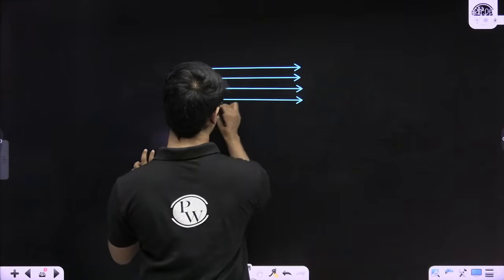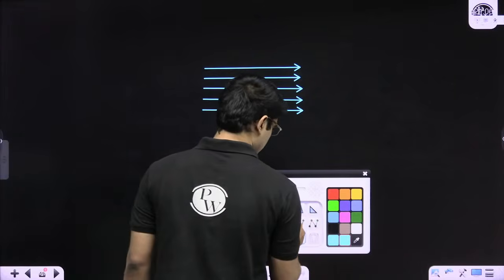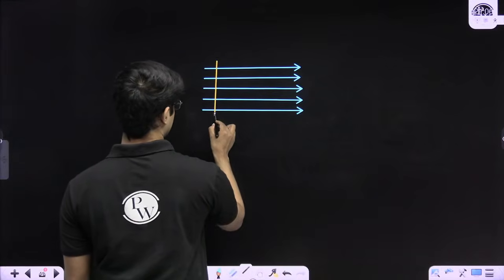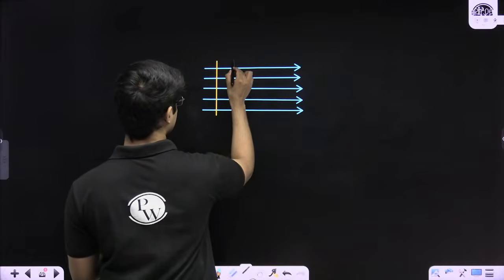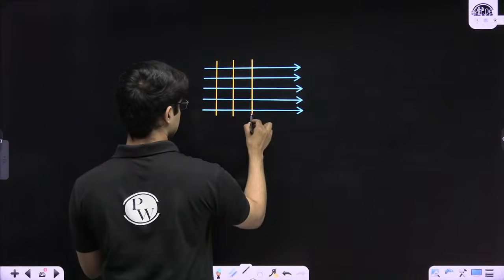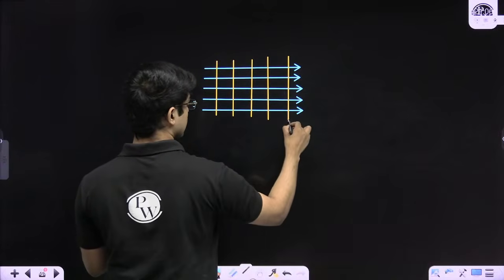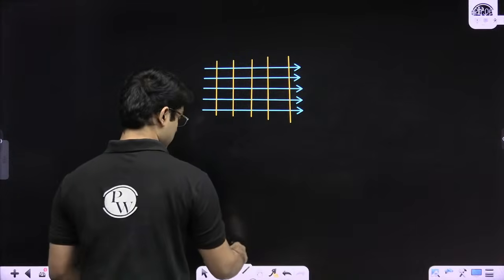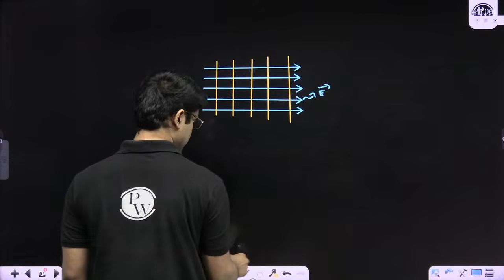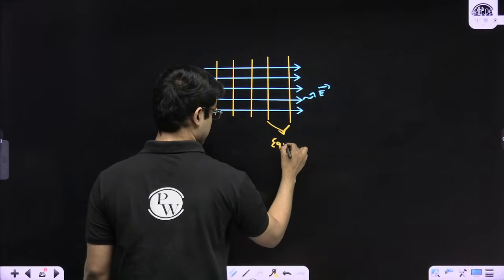That is how we draw a uniform electric field. And what will be the equipotential surface in this case? It's going to be these planes. From this picture it won't be clear, but these are going to be the equipotential surfaces, parallel planes. So this is the electric field vector, and these yellow lines are the equipotential surfaces.